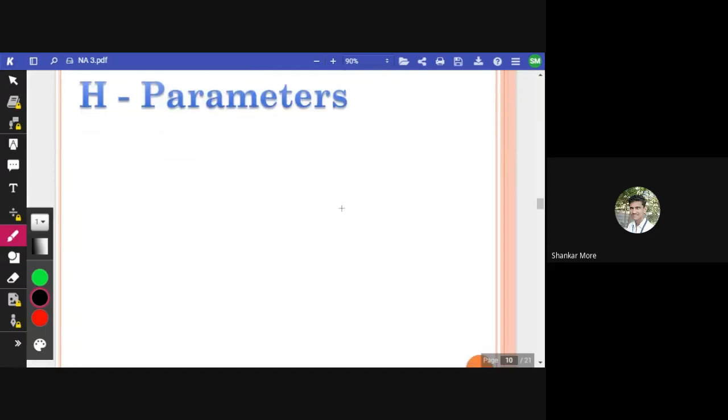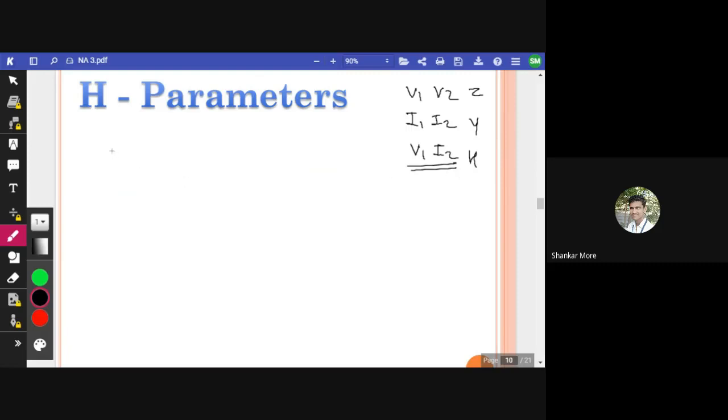Okay. As I told you already, for z parameters we had v1, v2. For y parameters, we had i1, i2. Now for h parameters, we have v1, i2. Okay, this is the format: z, y, and this is h.